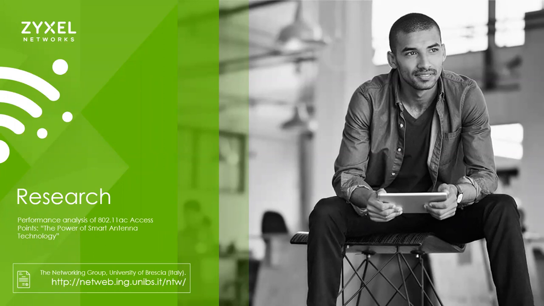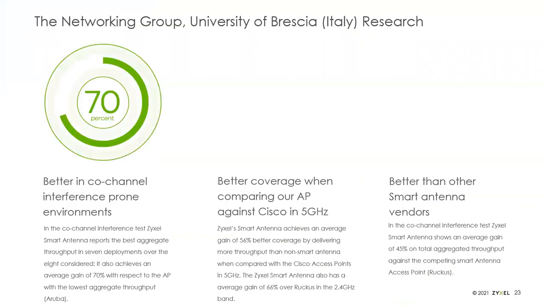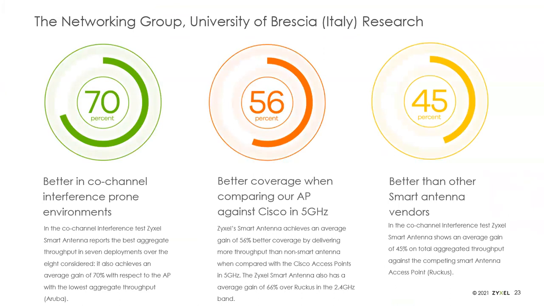What they found is that in a clean room environment, it doesn't make much difference. However, in a real world situation with sources of RF interference, smart antenna made a huge difference in performance. In addition, our implementation did a much better job of handling RF interference than the other smart antenna vendor they tested.